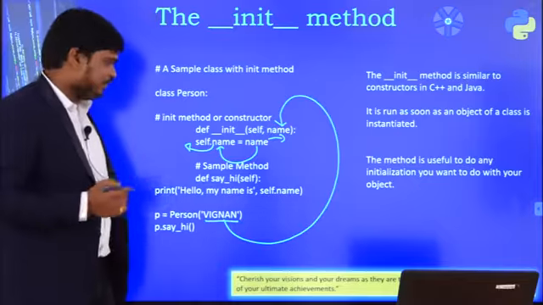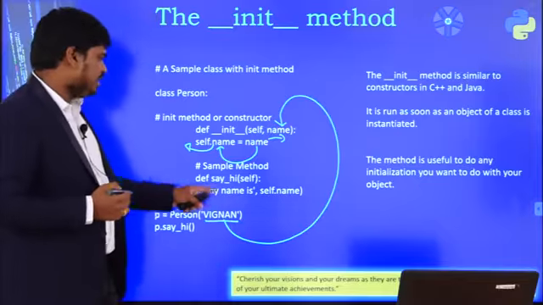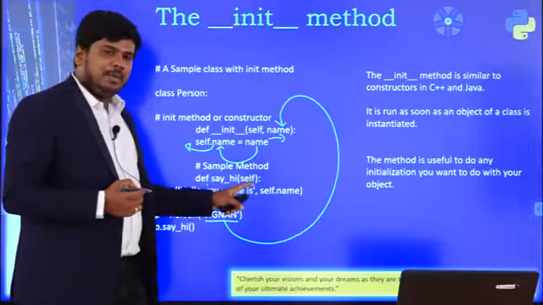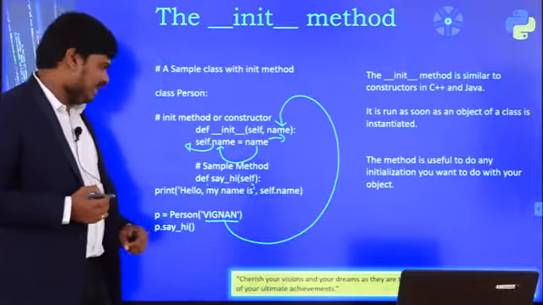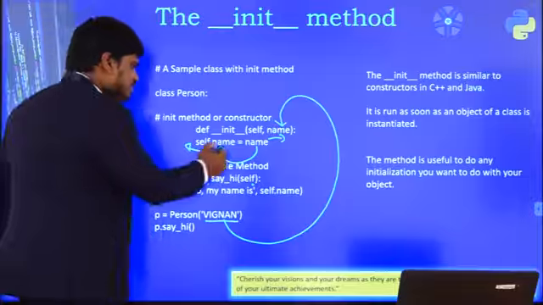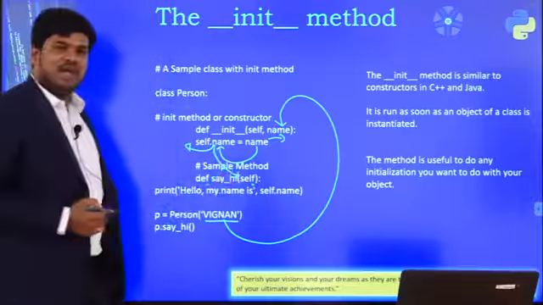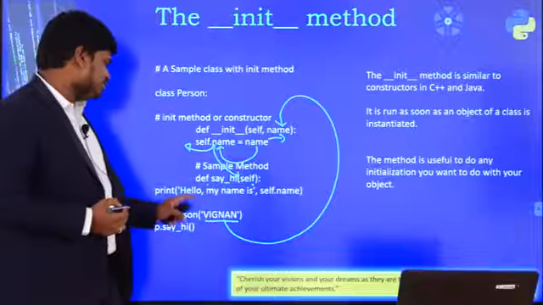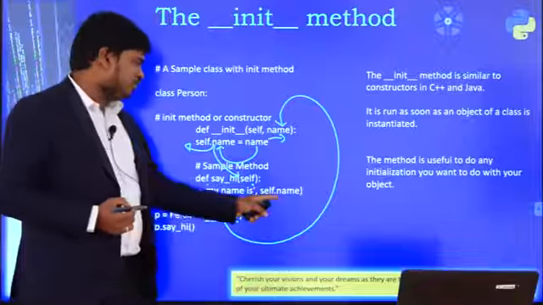The two addresses are different. Next, def say underscore hi. In the function definition I have passed self. So I have sent this address here. I have passed the value there. And in the next line, print hello, my name is self.name.